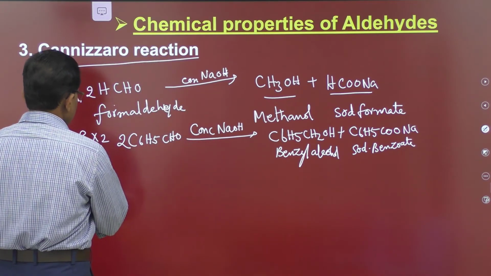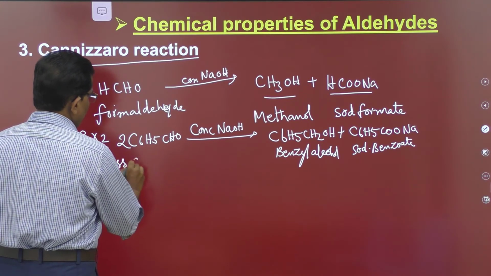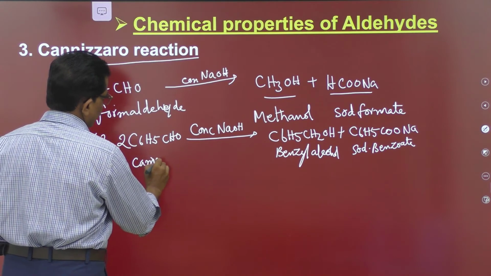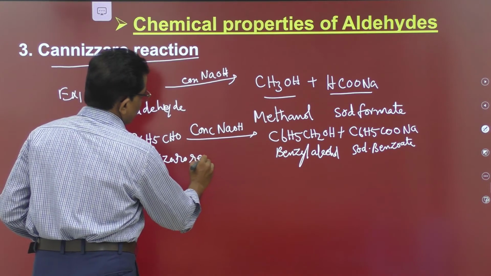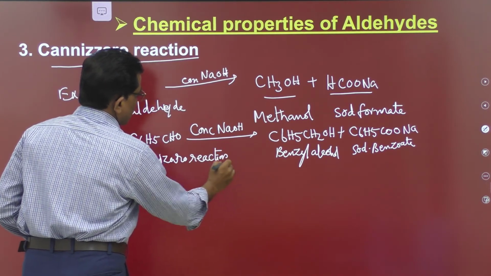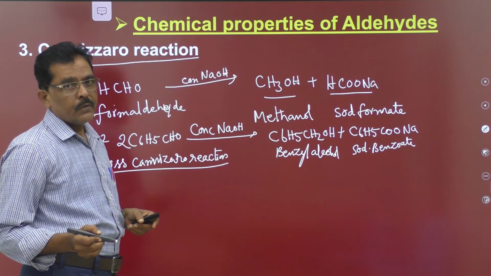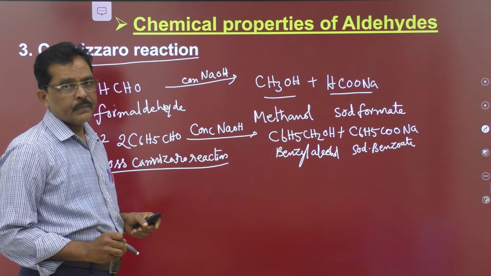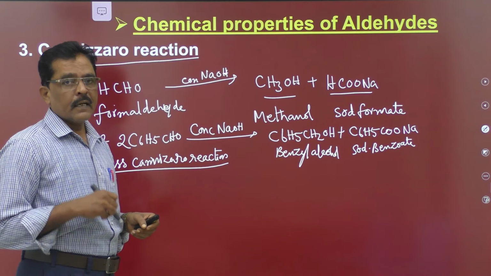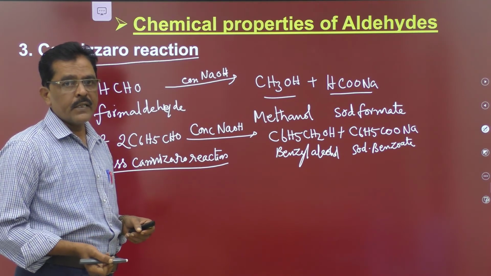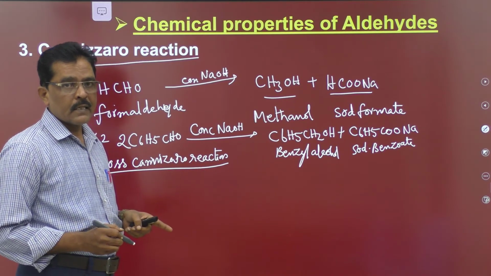Let us discuss the crossed Cannizzaro reaction. What is meant by the crossed Cannizzaro reaction? If 2 different aldehydes, which do not have alpha hydrogen atoms, are heated with concentrated NaOH, they give alcohol and salt of carboxylic acid.